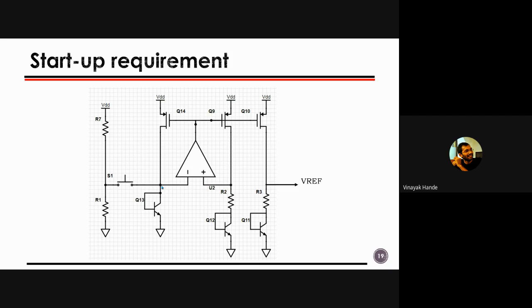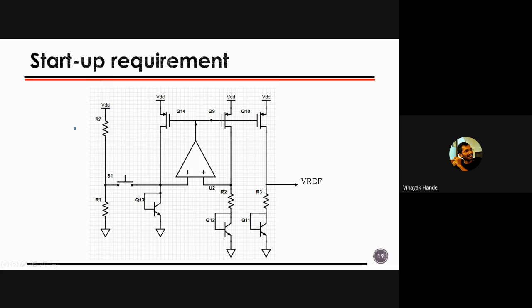So what we have to do, while doing the fabrication, is make sure that this circuit wakes up from its resting position. If it is resting at 0 volt, we have to somehow make sure that one of the op amp terminals gets wiggled.